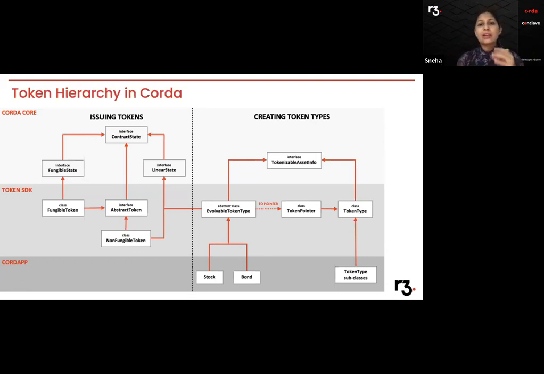Depending on that, you either subclass your asset class directly from the token type interface, or you use the evolvable token type interface. So there are two ways to define your base underlying token type. You can subclass it using token type if your asset is fixed. If you think your asset might change over time and you want to track all of these changes, you use the evolvable token type.